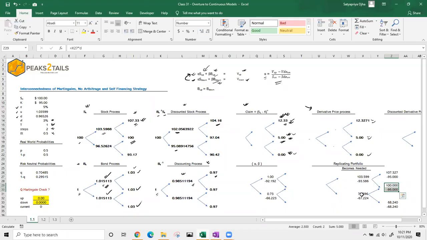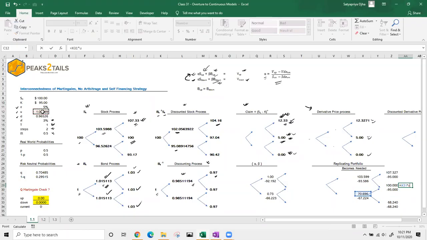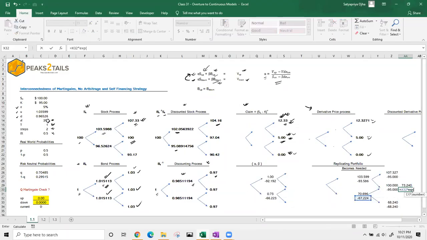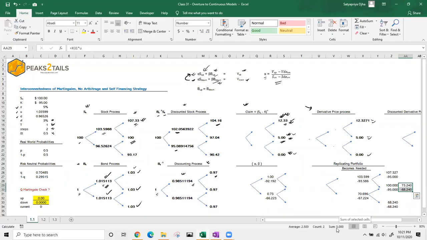What about, so this can go up and it should also match, right? So let's verify that. Stock, if it moves up from that point, it will be this times u, and bond always grows at risk-free rate, r times delta t. If I highlight these two, you see the sum is still 5.